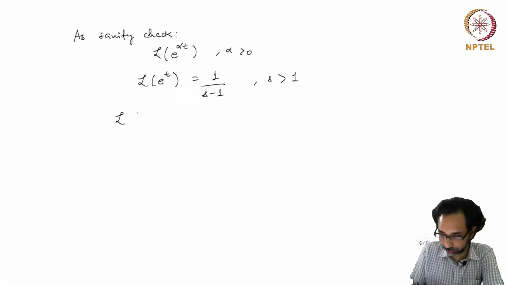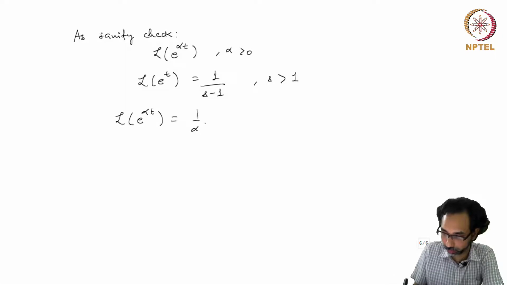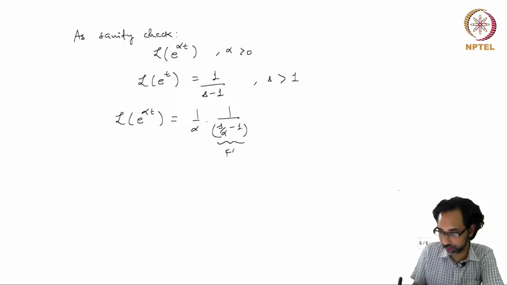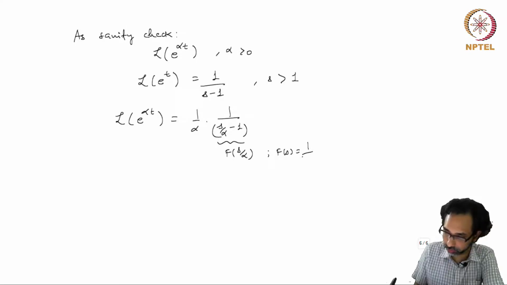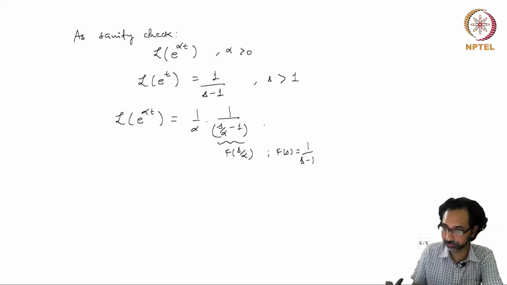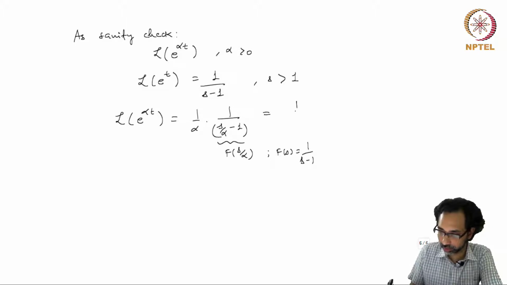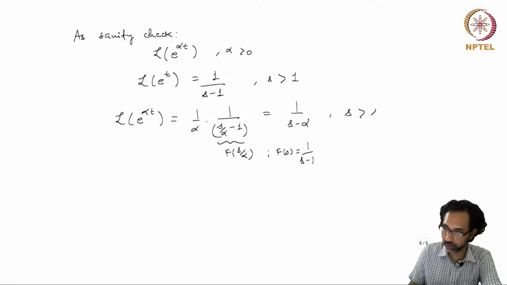So in terms of our change of scale formula, the Laplace transform of e to the alpha t should be 1 over alpha times 1 over s by alpha minus 1. This is just f of s by alpha, where f of s is 1 over s minus 1, and this is just 1 over s minus alpha, and the region of convergence is s greater than alpha times 1, which is alpha.